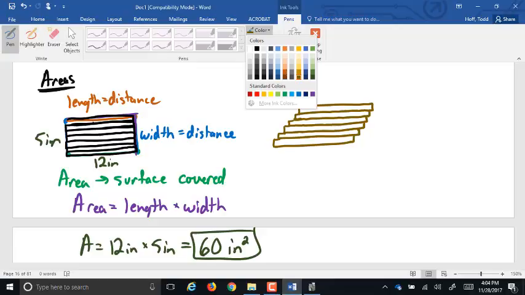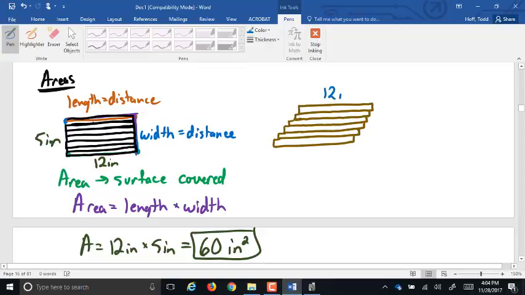But you can tell this is still 12 inches across here, and this thickness isn't going to change. It's still going to be 5 inches. That area is still going to be the same: 12 inches by 5 inches, or 60 square inches.